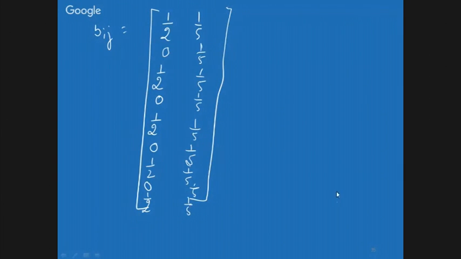There are 9 values, that is your Bij. All are 1 by 5, and this is half 0, half 0, half 0, like this. And the top down matrix has been given as 1, 0, 1, 0, 1, 0, 1, 0, 1, and these are all ones.